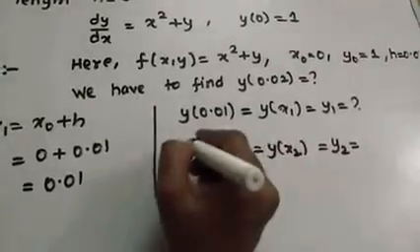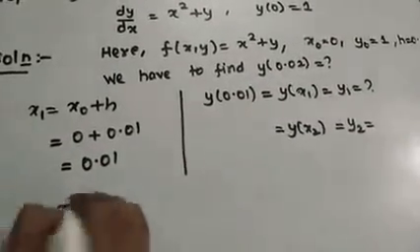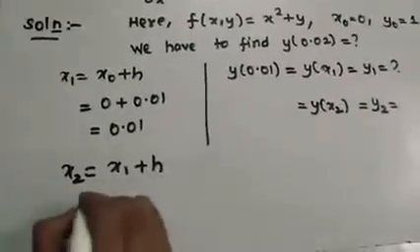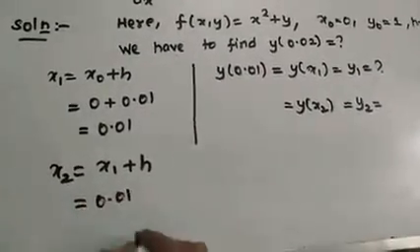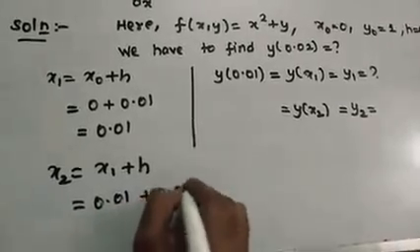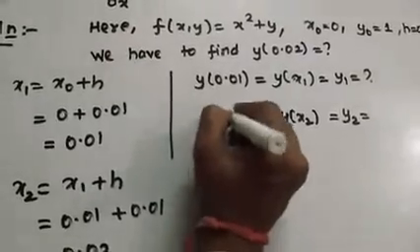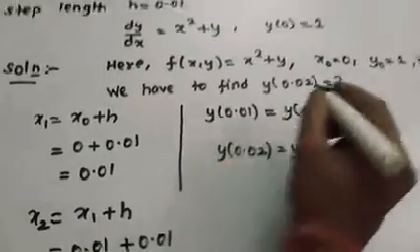What will be x2? x2 means x1 plus h. x1 was 0.01, h is 0.01, so 0.02. That is y of 0.02, which is the required quantity.